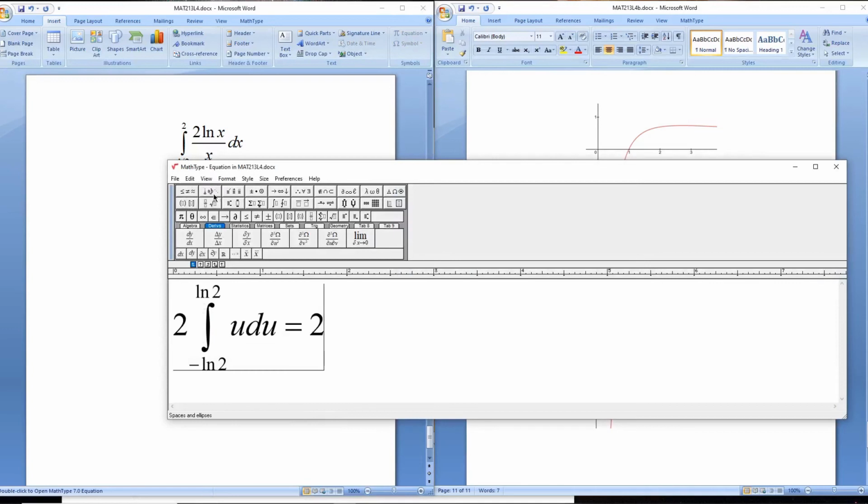So integrating u will get us u squared. And then 2 times a half is 1. This is our antiderivative, u squared. And I will stick the bar on it to indicate we have not done the fundamental theorem of calculus on it.